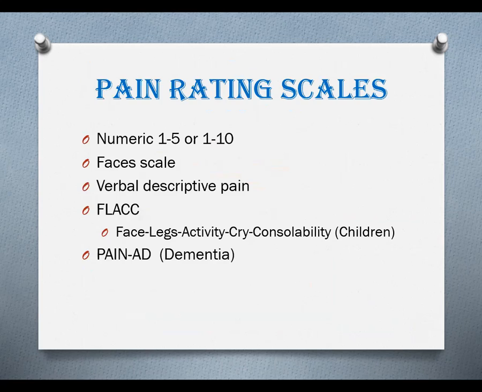And the resident or the patient will be able to rate their own pain. Usually the numeric one is used for persons that are cognitively intact, because they understand and they know the numbers.